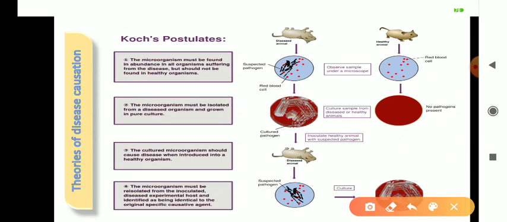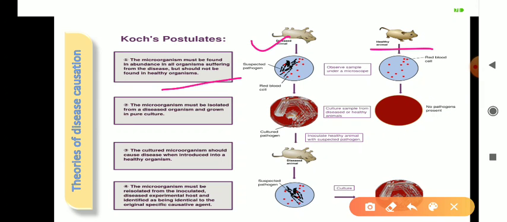In this you can see the microorganism must be found in abundance in all organisms suffering from the disease, but should not be found in a healthy organism. As you can see in this picture, one is the diseased animal and this one is healthy.